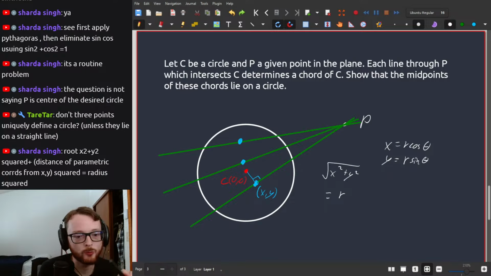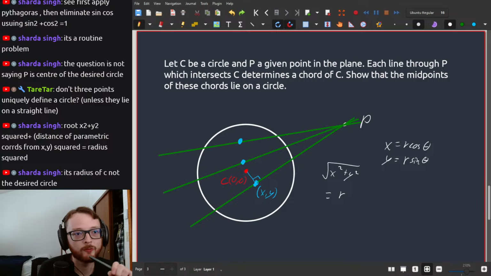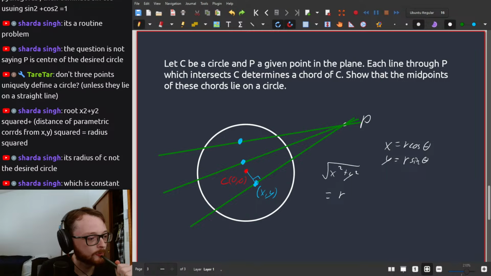And so I drew 3 particular lines, but it should be for every single line. Same circle. So you can have 4 points. Yeah, I guess I don't know what I'm trying to say.